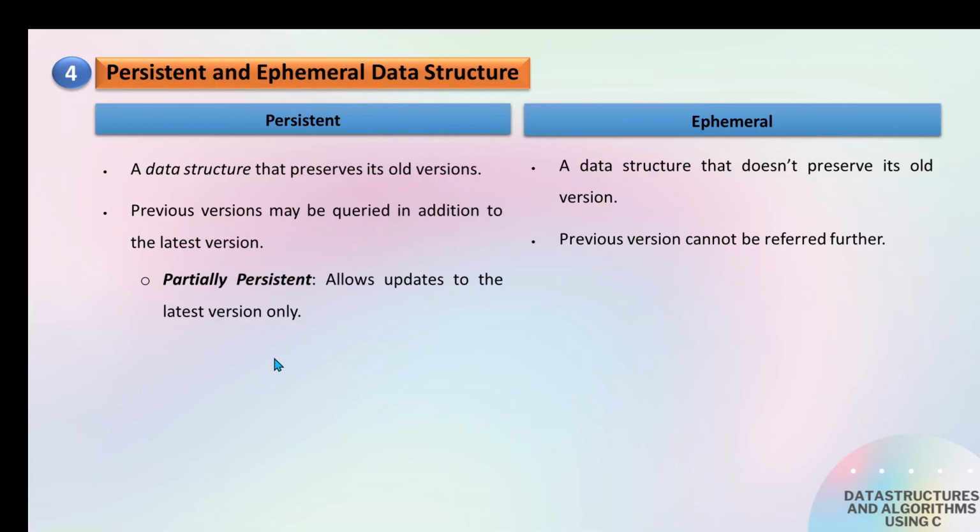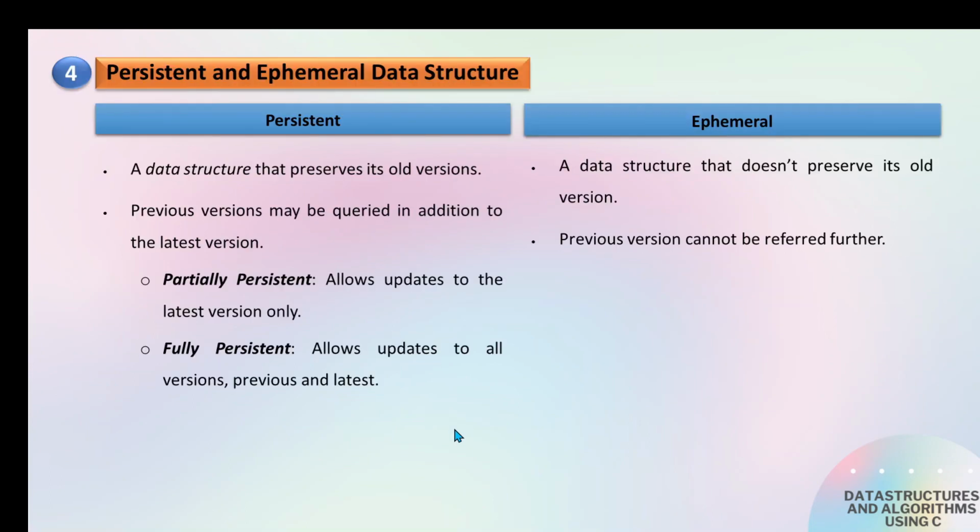Getting? So that is partial persistent. And if you remember everything from your LKG session, it is fully persistent. So partial persistent means it allows update to the latest version only. And fully persistent means it allows update to all versions, previous and latest.